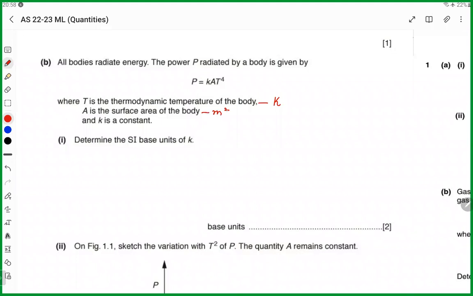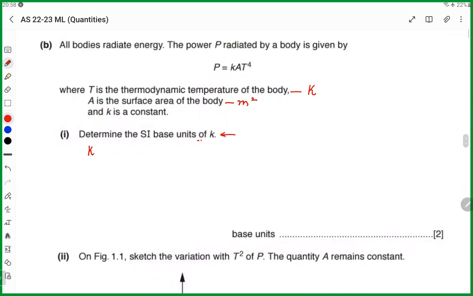And K is a constant. Determine the SI base unit of K. Whenever you are asked to determine the unit of anything, you must make it the subject of the formula first. So first of all, you're supposed to find K. What is K equals to? It is power divided by area times T to the power 4.